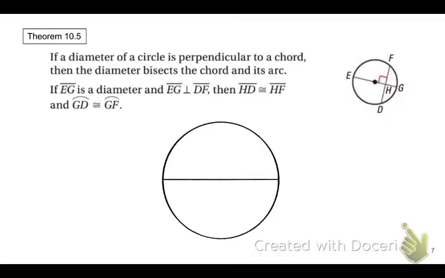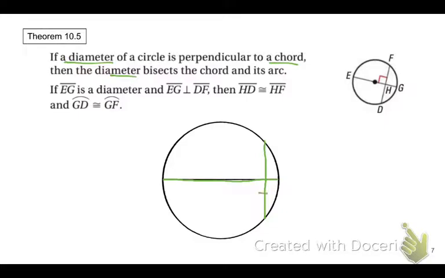Oh, we're going to do 10.5 first. That's okay. 10.5 is very similar. It says, if the diameter of a circle is perpendicular to a chord, any chord, so I'm going to draw a chord, say from here to here, then the diameter will bisect the chord.